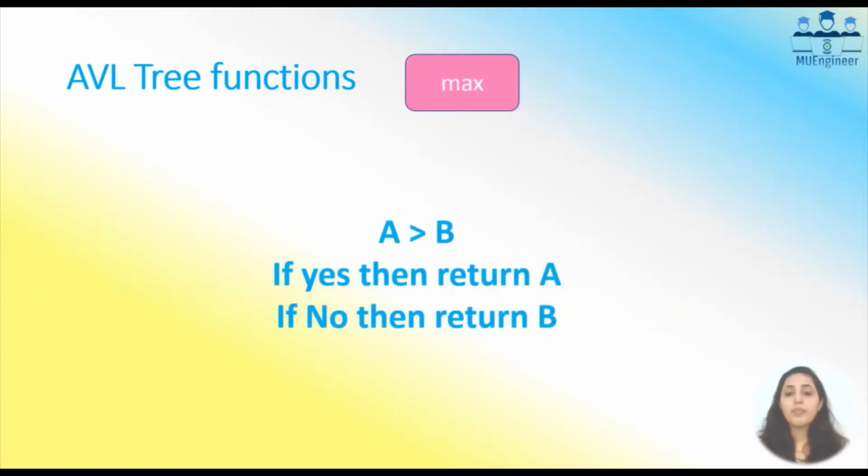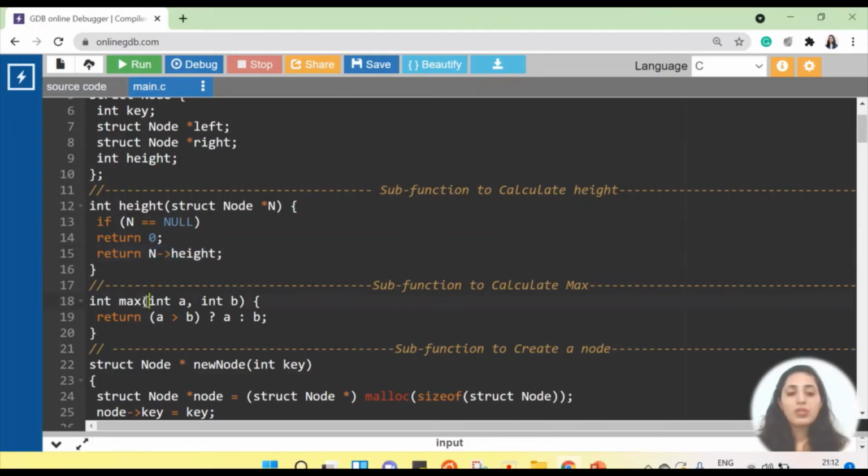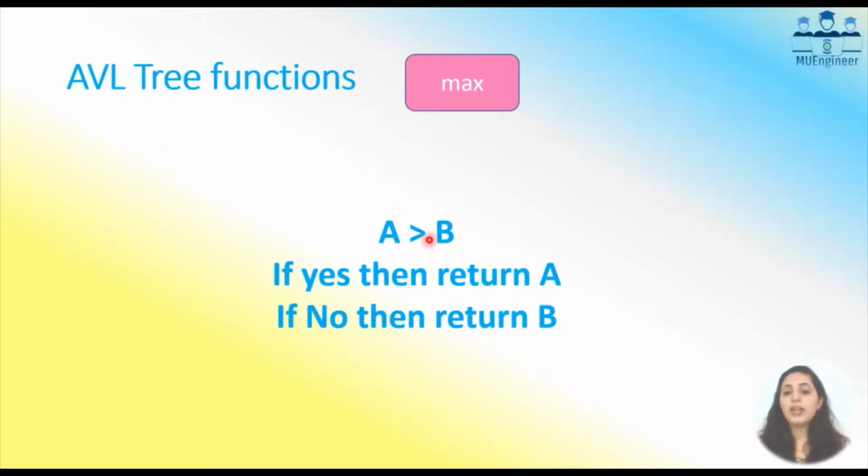The next is the max function. Here I have given 2 integers as input, that is a and b. What we are doing is comparing whether a is greater than b. If the answer is yes, then we return a as our output, and if the answer is no, then we return b as output.